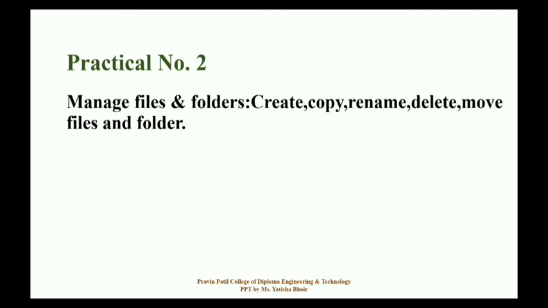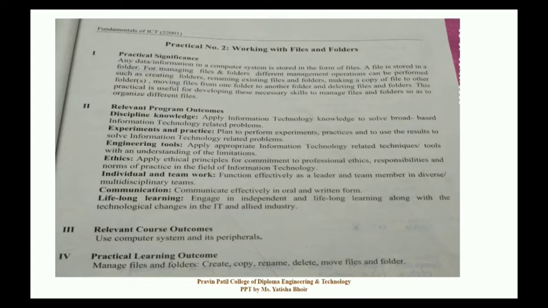Now practical number 2 is manage files and folders: create, copy, rename, delete, move files and folders. This is the manual view of practical number 2. The practical significance is that any data or information in a computer system is stored in the form of files. A file is stored in a folder.